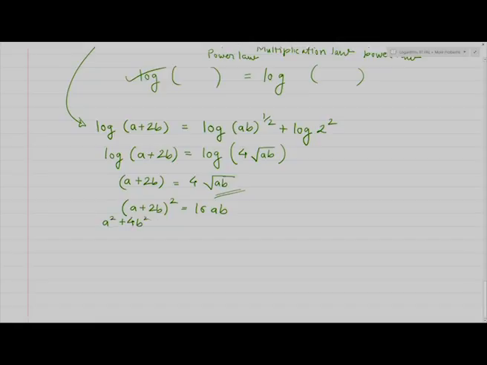Right. So, the next step will be just to expand this, it will be a square plus 4b square plus 2a into 2b, which is 4ab, is equal to 16ab. Then I got the expression. So, it is a square plus 4b square, and take this 16ab on the other side, minus 12ab is equal to 0. Yes.